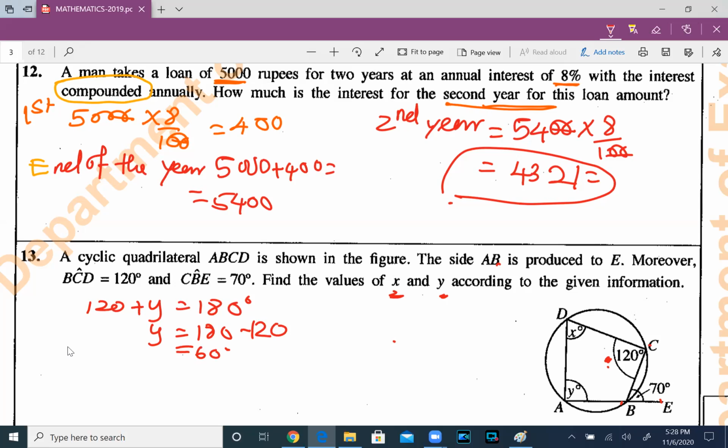Same as we have studied in another theorem, the fifth one: if you produce the side, that angle is equal to the interior opposite angle. So this 70 is equal to this x. So x is equal to 70 degrees.